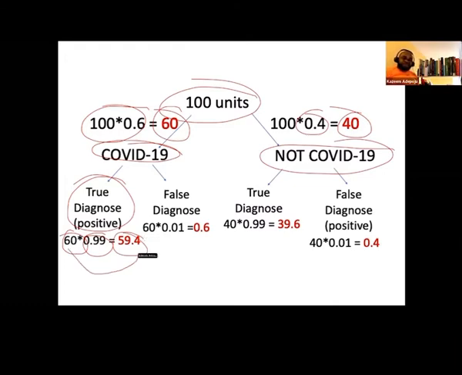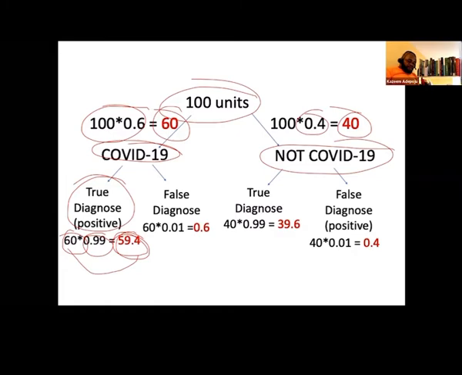If the machine were 100% efficient, it should be able to correctly identify all the 60. But right now, the machine is not correctly identifying all the 60. Take a look at that. The machine only identifies 59.4 out of 60, which we call the true diagnosed positive.